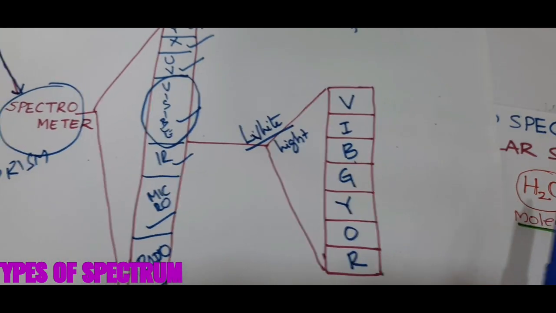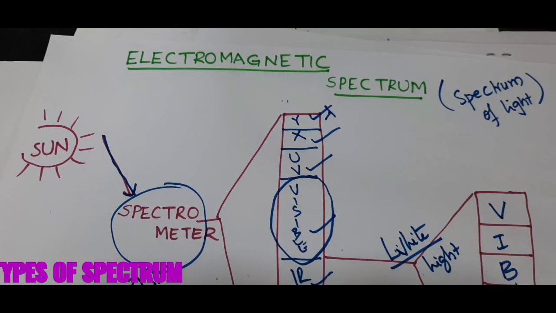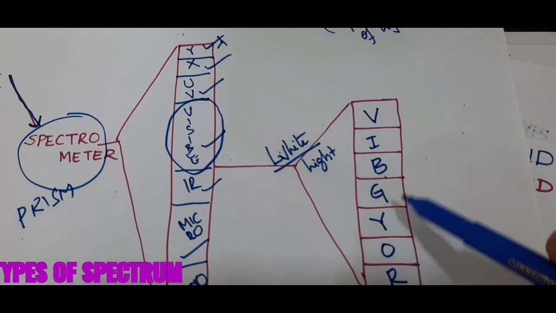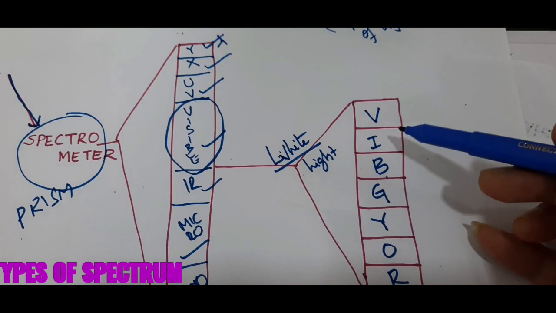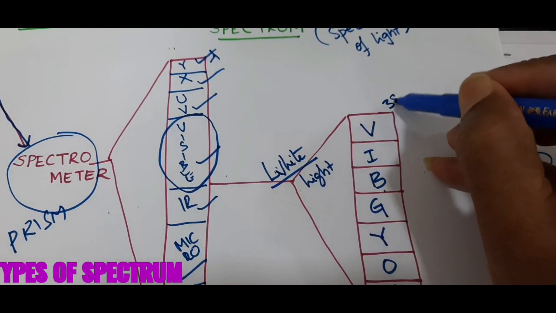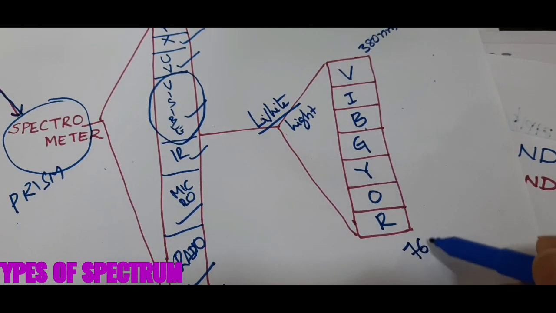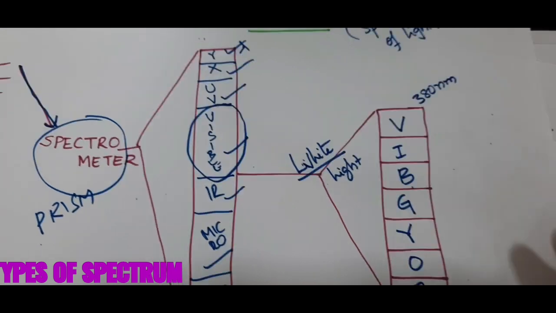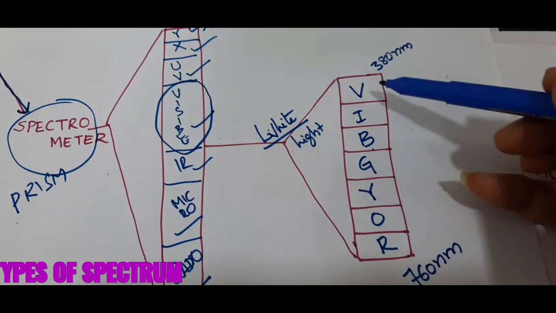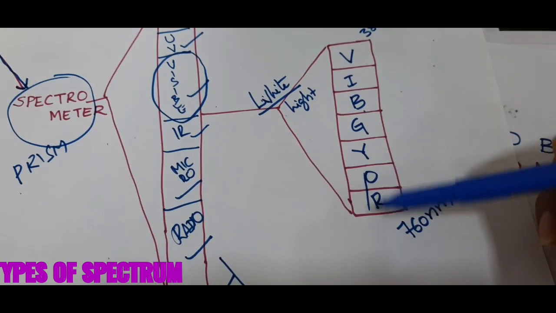Here students want to learn what is called the electromagnetic spectrum. The spectrum which is obtained by the analysis of the light, and this part is called the white light. White light analysis gives 7 colors. Here the wavelength is around 380 nanometers. Here the wavelength is 760 nanometers. Right? If you observe this spectrum or this photographic plate, all colors are continuously there without any gap.